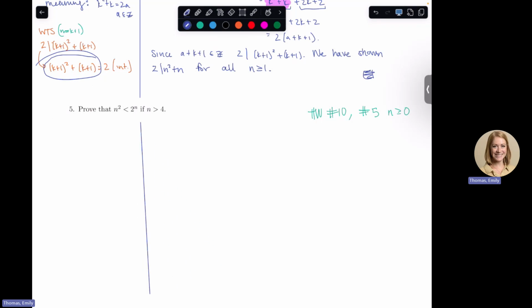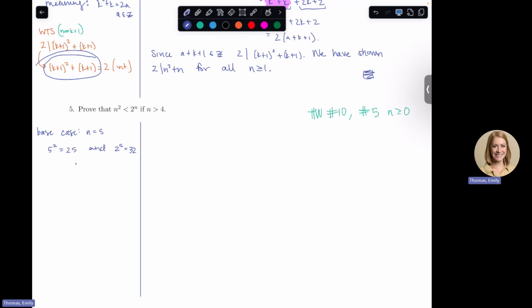Induction. We want to prove that n squared is less than 2 to the n if n is bigger than 4. So we've got to do a base case, get on the ladder. What is our base case? N is equal to 5. So we need to look at 5 squared is 25, and 2 to the 5th is 32.